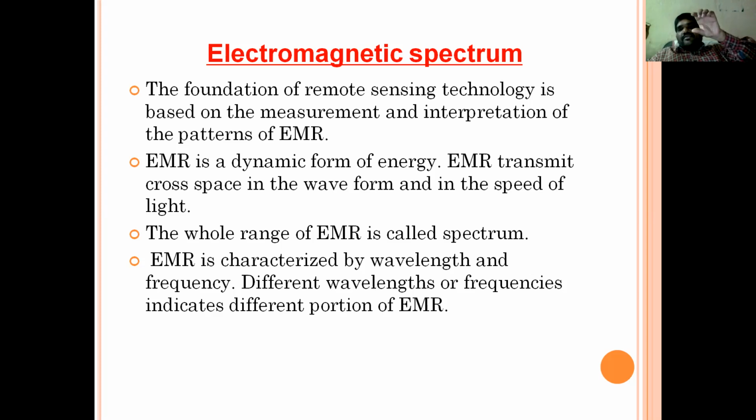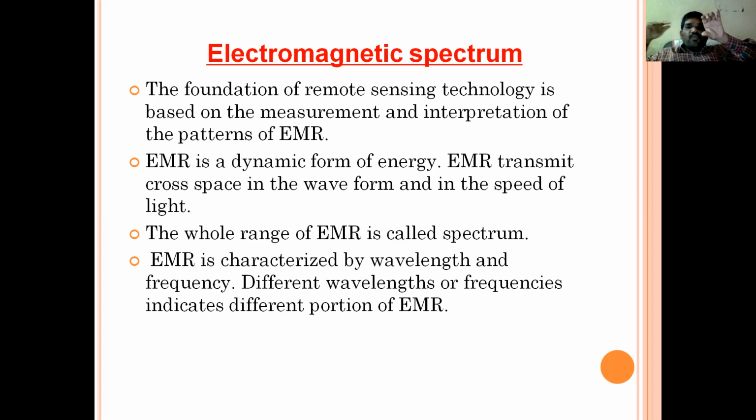Assume you are sending light through a glass prism. The light is a mixture of different waves. The light is not a single constituent; it is a mixture of different wavelengths.